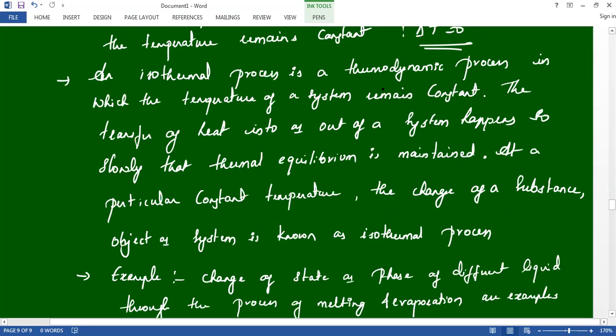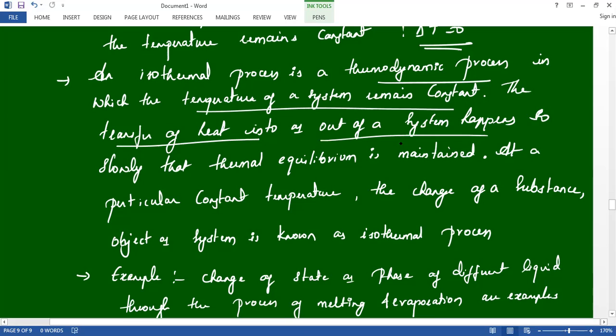An isothermal process is a thermodynamic process in which the temperature of the system remains constant. The transfer of heat into or out of a system happens so slowly that thermodynamic equilibrium is maintained. This is important: the process is slow, so thermal equilibrium is maintained at a particular constant temperature.